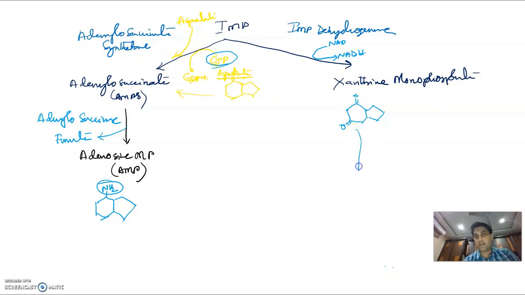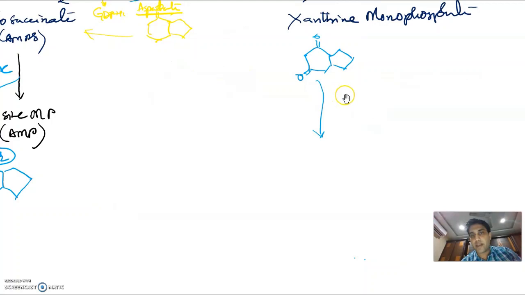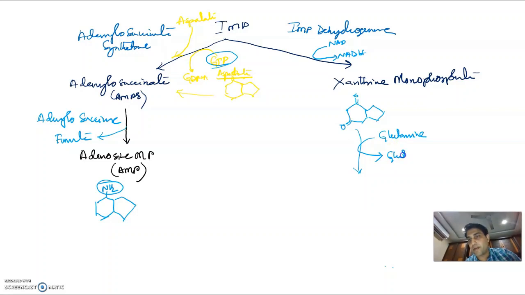Now this xanthine monophosphate takes an amino group. Who is the amino group donor? Yes, it is the glutamine. This glutamine will form glutamate.